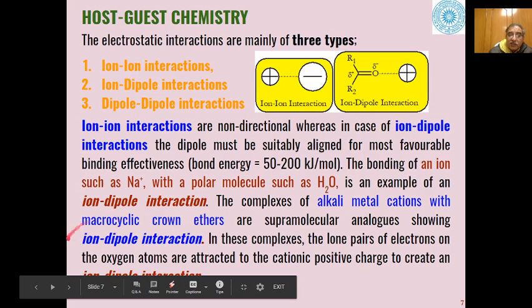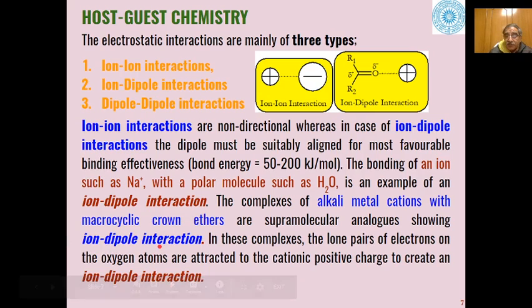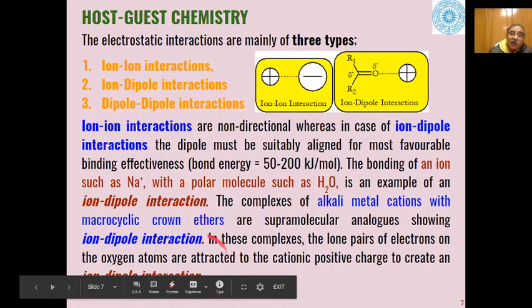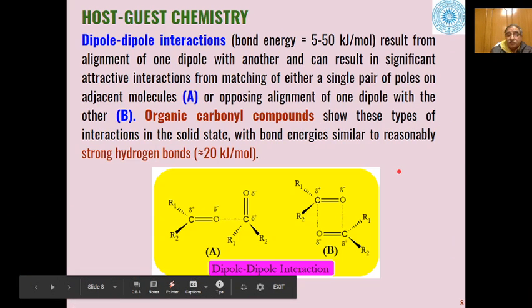So this is again one more example of ion dipole interaction. So in both these examples, lone pair of electrons present on oxygen atom that are attracted to the cationic positive charge on either sodium ions or potassium ions, which will lead to ion dipole interaction.